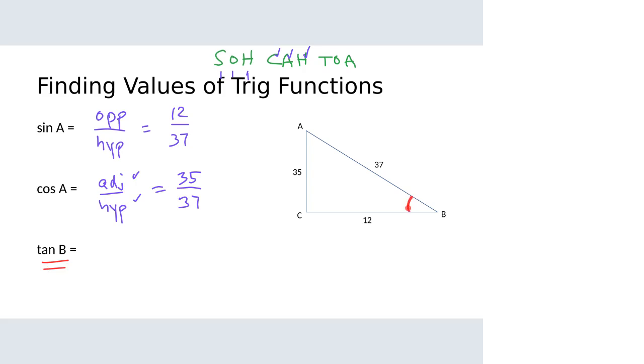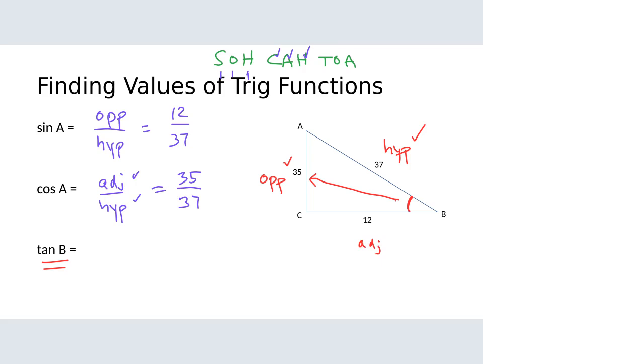So now that I'm talking about angle B, opposite is over here. Hypotenuse is still the longest side, and if this one's hypotenuse and this one's opposite, then this one has to be adjacent.